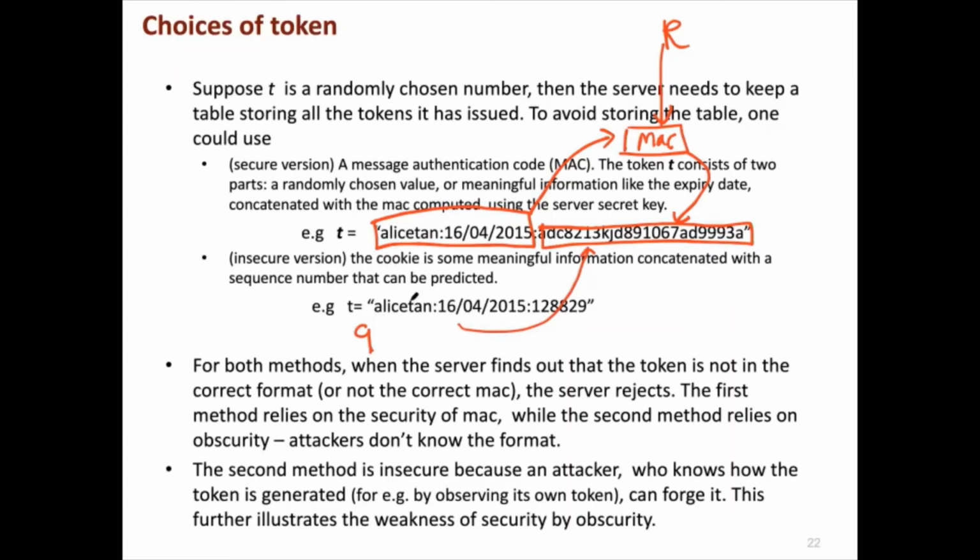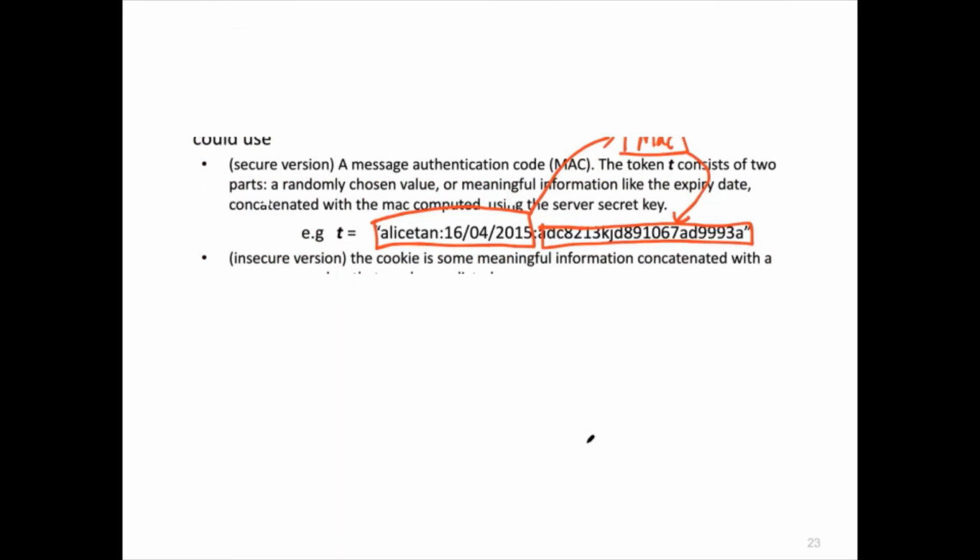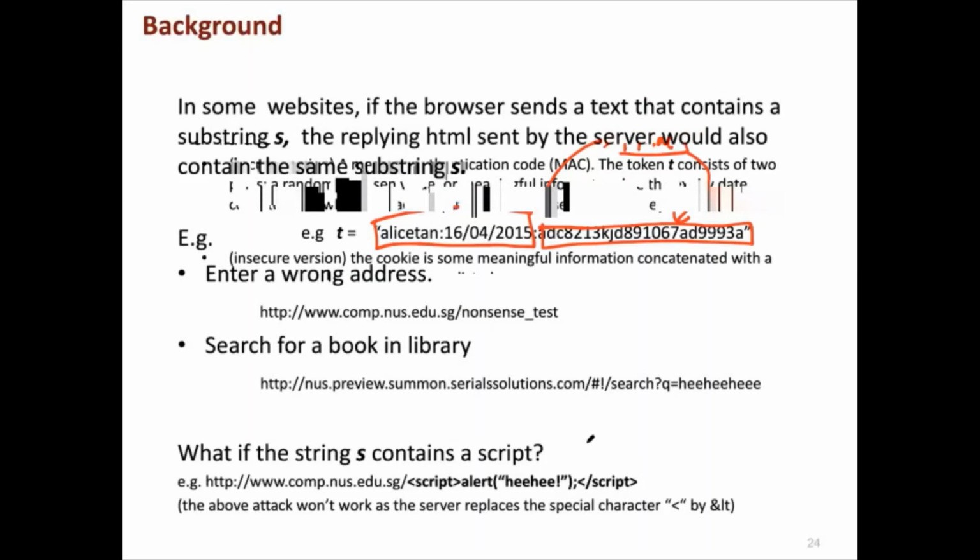Cross-site scripting. What is cross-site scripting? In some websites, when the browser sends a request, the server will construct an HTML page, and this HTML page is to be rendered in the browser.